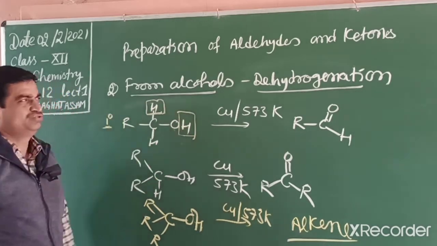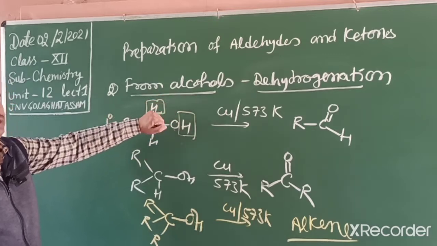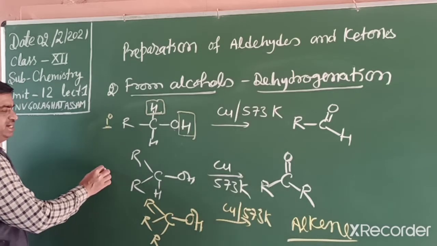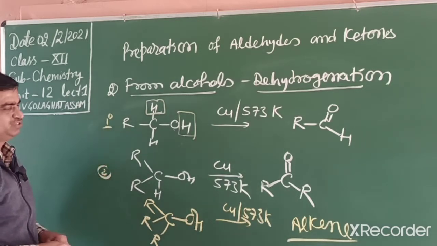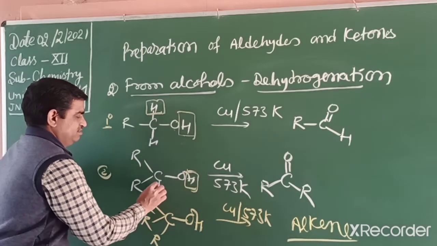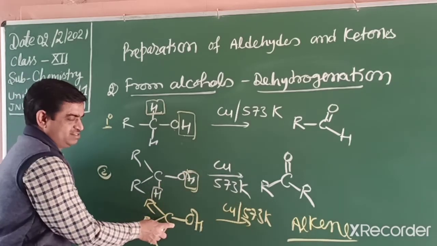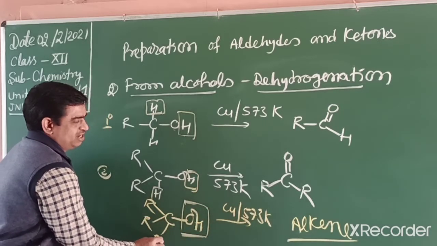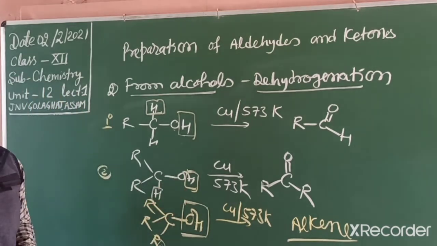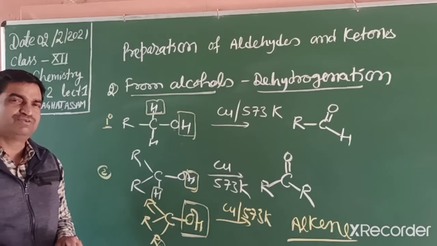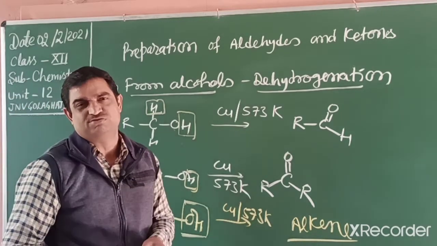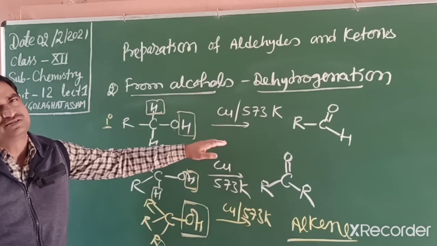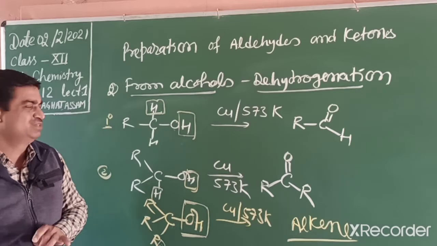So in this reaction, dehydrogenation or oxidation using copper metal catalyst, from primary you get aldehyde, secondary is converted into ketone, and in tertiary there is no hydrogen attached directly to that carbon, so dehydration occurs, OH and H are removed from this carbon group, and we get the product alkene. So in this way, from alcohol we can prepare aldehyde and ketone by two methods. First one is oxidation, the other is also an oxidation using a catalyst, that is catalytic dehydrogenation or oxidation.